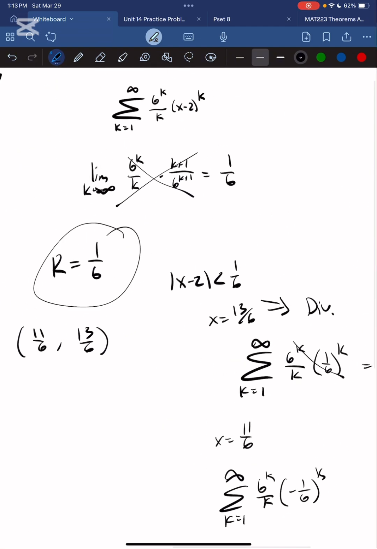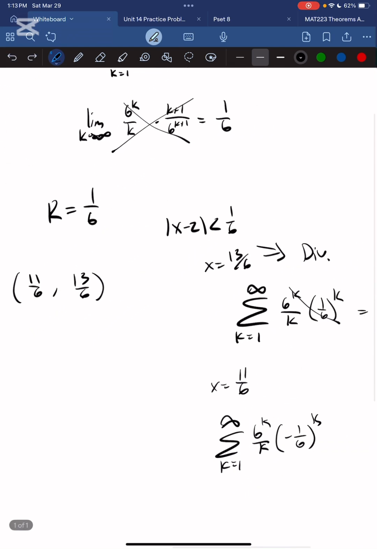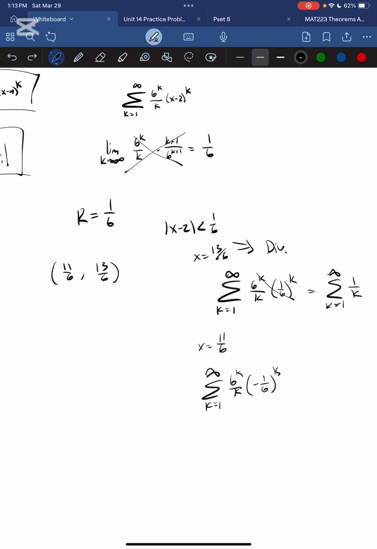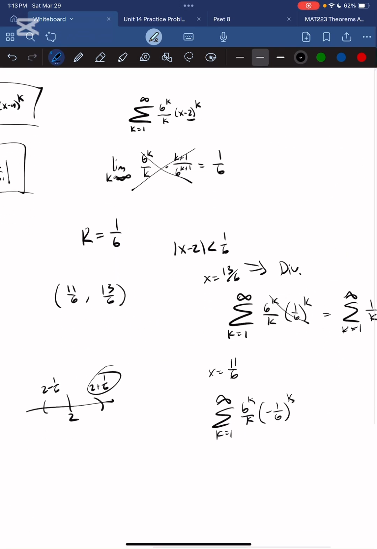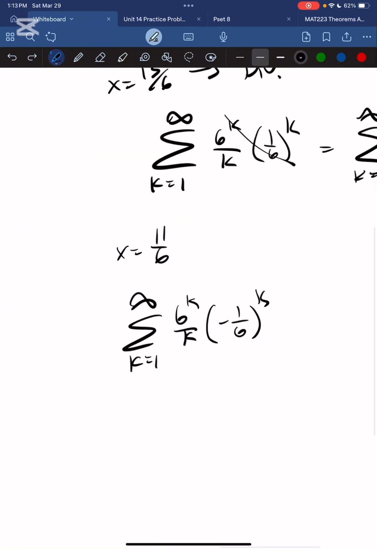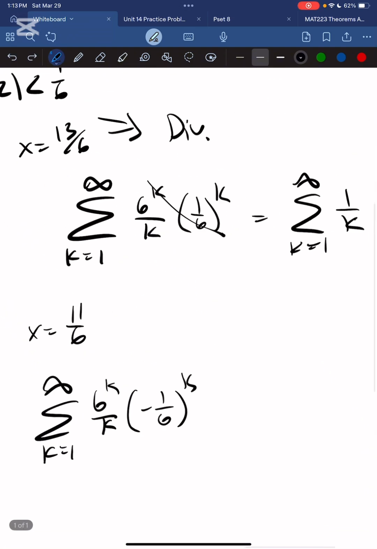You can also plug these in. This is why I like seeing this, because this gives you the exact radius of convergence centered at 2: this is 2 plus 1 over 6, and this is 2 minus 1 over 6. So when you plug this in, it'll cancel with this 2 anyway. So you can just plug in negative 1 over 6 and 1 over 6.